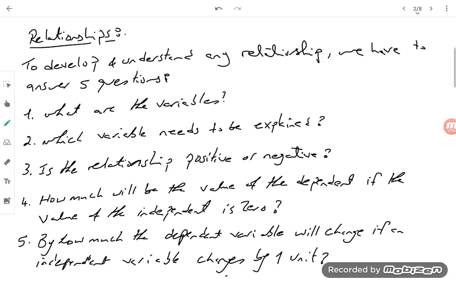The best way to understand this relationship and to answer the questions is to put this relationship in a mathematical form.